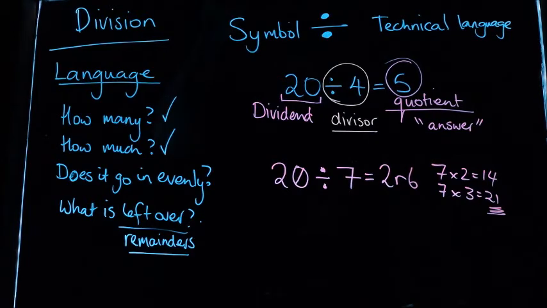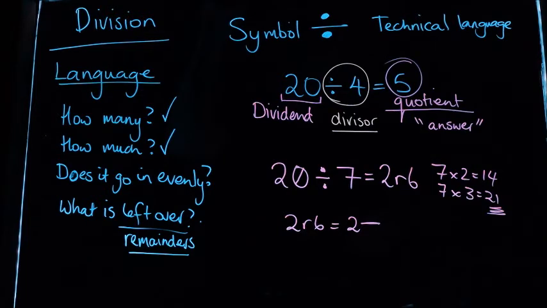Now, here's a link to the fractions. We can write 2 remainder 6 as a mixed number. So 2, and we use the vinculum there, and we're going to create a fraction now. And what did we divide by? Our divisor was 7, so that becomes a denominator.